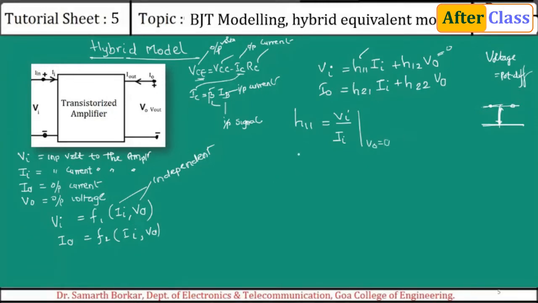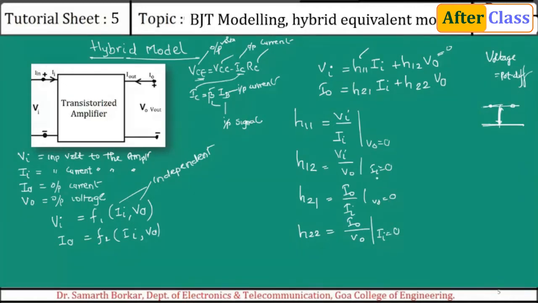So accordingly, I get all those four values. Just let me write this down. Vi by V naught, I naught by Ii, and I naught by V naught, by setting Ii equal to 0, V naught equal to 0, and Ii equal to 0.